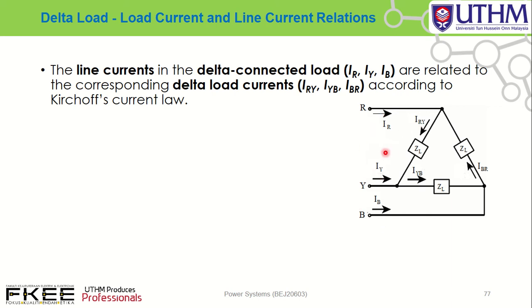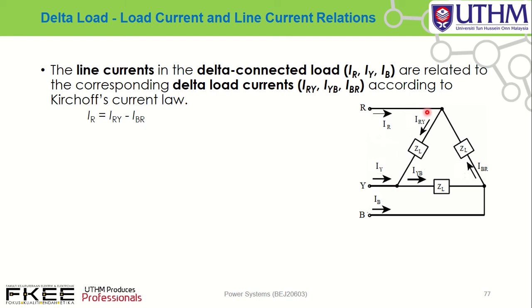This is IRY, which we call a phase current from R to Y, then IYB from Y to B, and then from B to R. This one we also call a phase current. In this slide we try to analyze the relationship between line current for the load and phase current for the load.